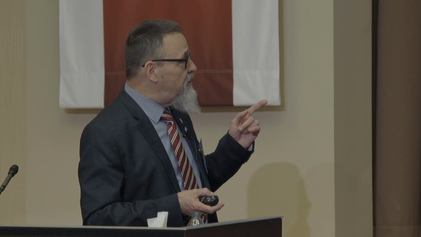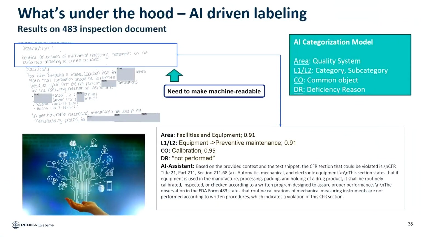FDA always cites the quality unit for deviation investigations, so they're ultimately responsible to make sure those investigations are good. But you know what? We want to know where that happened. Where was it? Was that in the packaging and labeling system, material system? Where was that deficiency in a deviation investigation? So a deviation investigation is a common object that can be found across several different systems. And then deficiency reason is, why was it deficient?